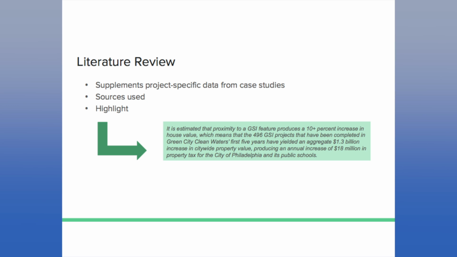If you aggregate that impact, that's $1.3 billion in increase in citywide property value. These are the types of things that we wanted to pull out as examples of where green stormwater infrastructure is having economic impacts and really showing, either in specific cases or in the aggregate, how beneficial GSI is to communities. So I will turn it over to Chelsea now to get deeper into our content section.